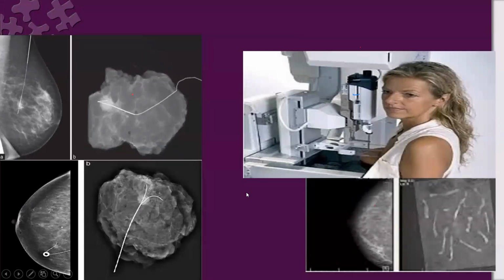And what you can see here, this is a stereotactic biopsy.